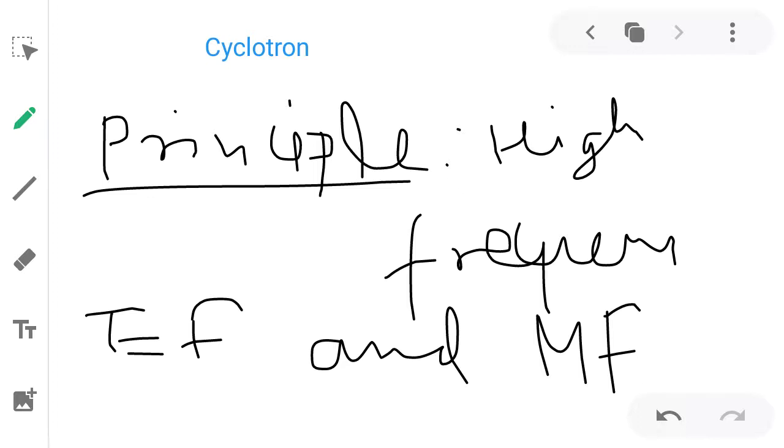So when a charged particle is made to move again and again in a high frequency electric field and using the magnetic field, then it gets accelerated and acquires a sufficiently large amount of energy. So let's go to the construction part.